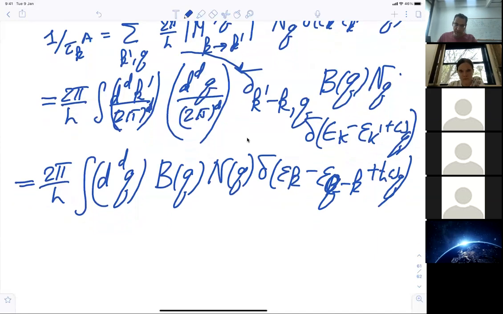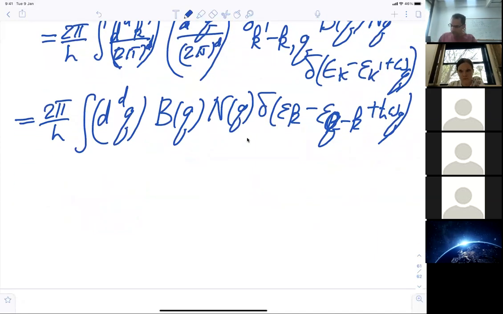Let us consider a three-dimensional case and write the integral in polar coordinates.